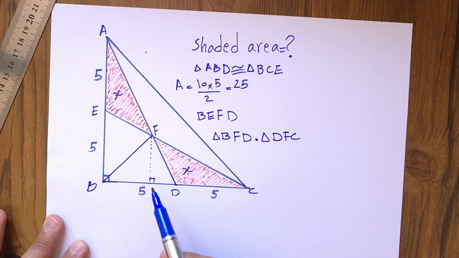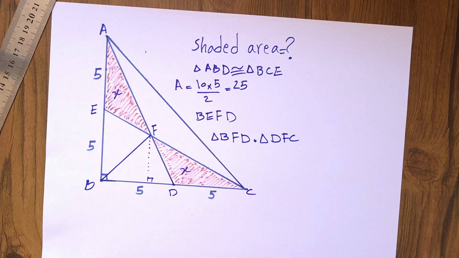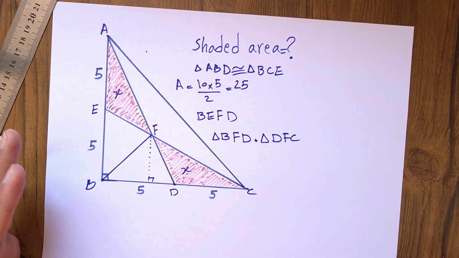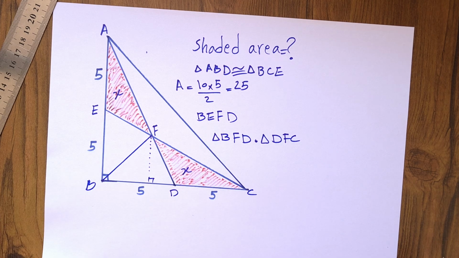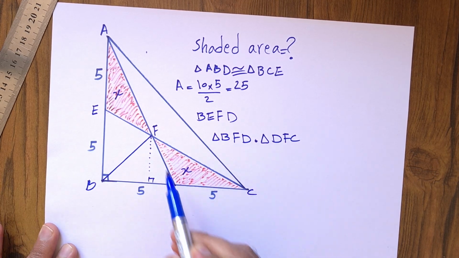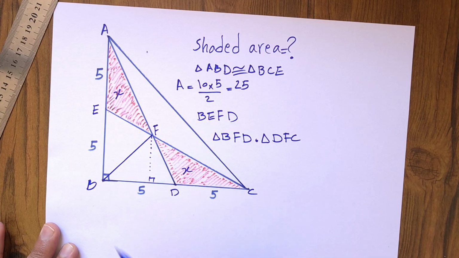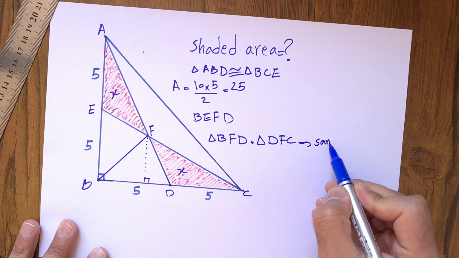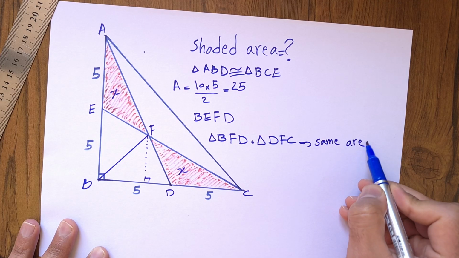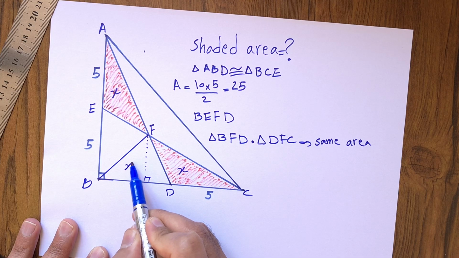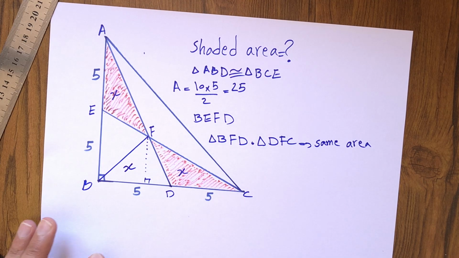Since the altitudes are the same, the areas must also be the same. We don't know the areas yet, but the areas of BFD and DFC are the same. Since this area is X, we can also name this area X.